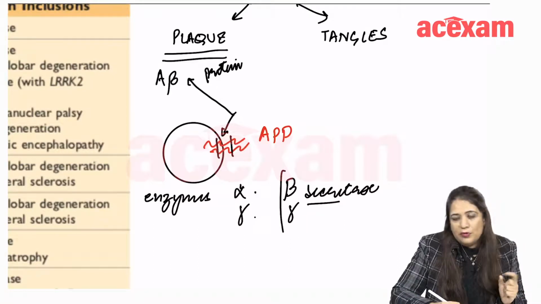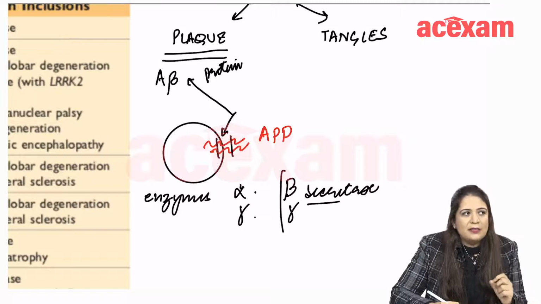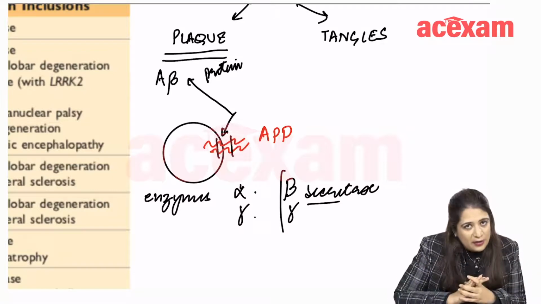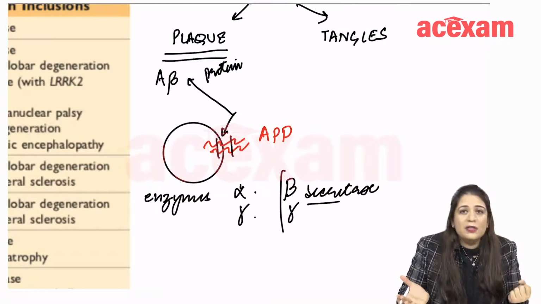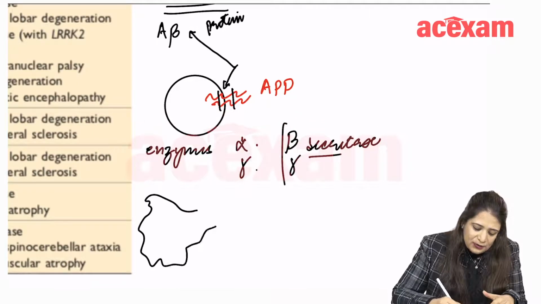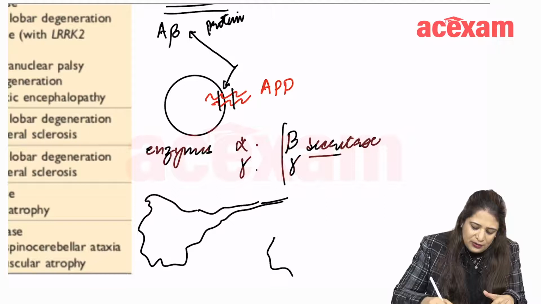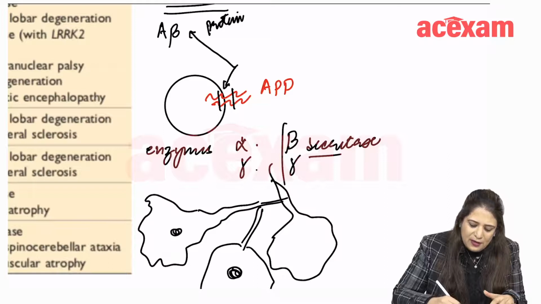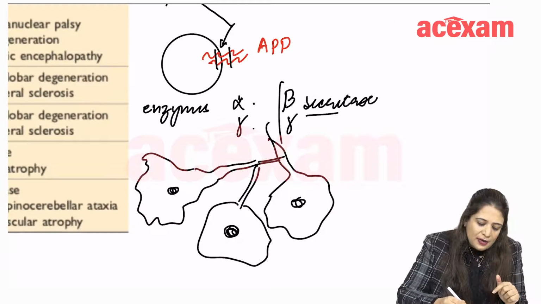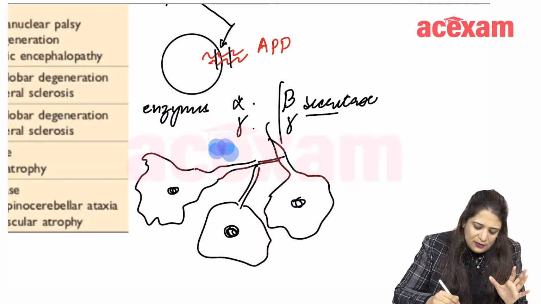And this A beta protein fragment which is produced is very sticky. And because it is sticky, it is not lysed. It tends to form oligomers, and these oligomers combine with other oligomers and form larger fragments which are not soluble. So these larger fragments go and deposit extracellularly. If these are the neurons and they're intercommunicating, these abnormal A beta proteins get deposited extracellularly, right?